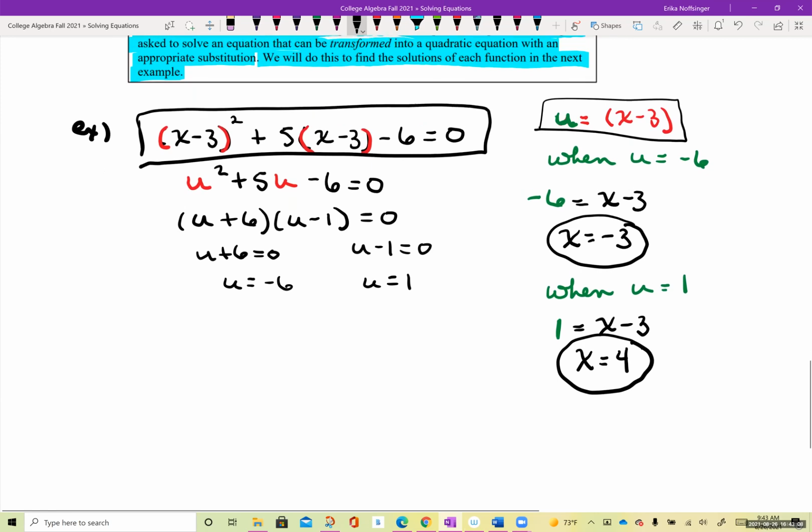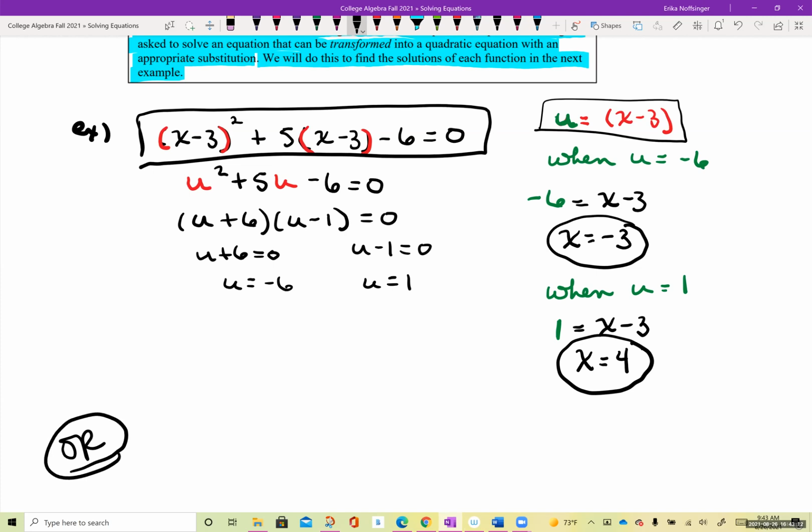And I just want to show you that really quickly. If I looked at x minus 3 quantity squared, that would have given us x squared minus 6x plus 9. If I would have distributed the 5 inside the parentheses, that would have given us 5x minus 15 minus 6 equals 0.